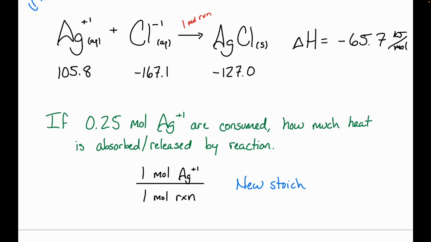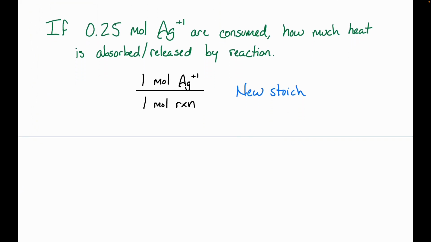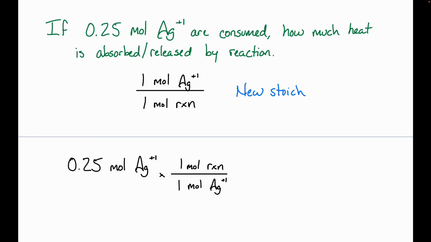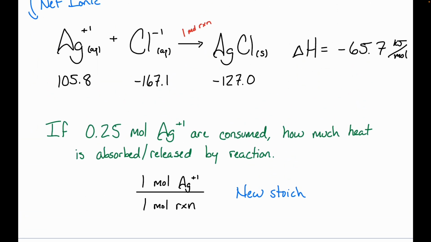Not terribly crazy, right? Just the coefficients from our balanced chemical equation. So using that new stoichiometric ratio, we can start with our amount of silver ions, that 0.25 moles of silver. And then we can multiply by that stoichiometric ratio where 1 mole of silver is consumed per mole of reaction. All right, and why are we trying to convert to moles of reaction? Because that's the units in our enthalpy here.